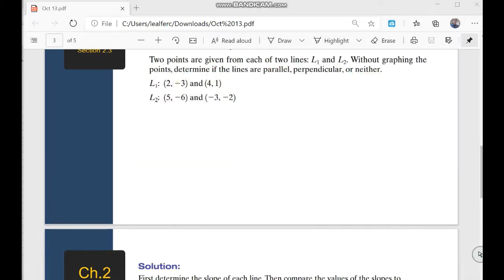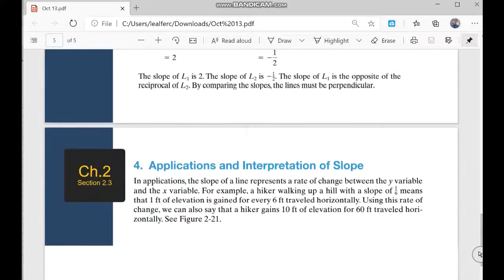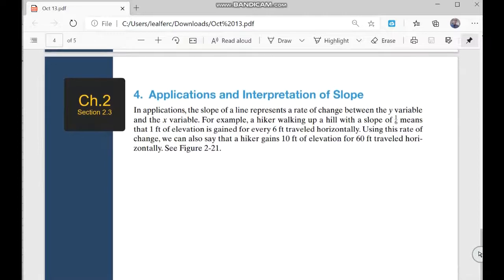Before we start the quiz, just a quick thing I want to show you from the slide is about applications and interpretation of slope. And there's another thing that we're going to work on in the quiz, the second part. Slope of a line has lots of applications and usually is related to rate of change.